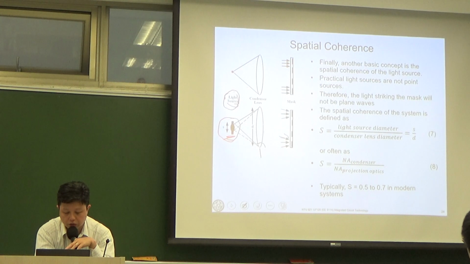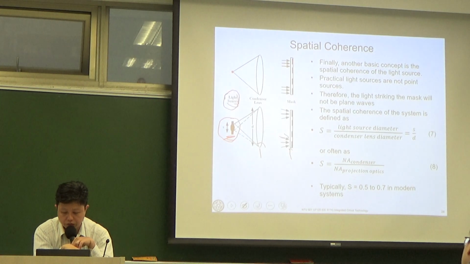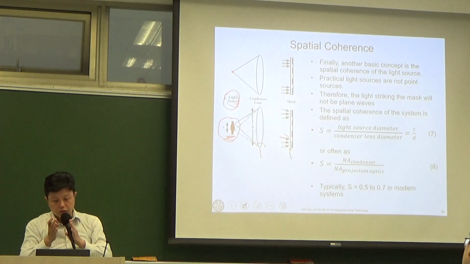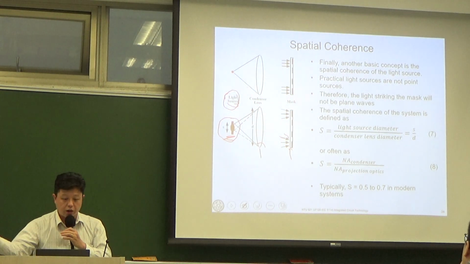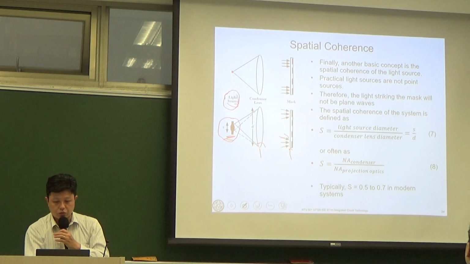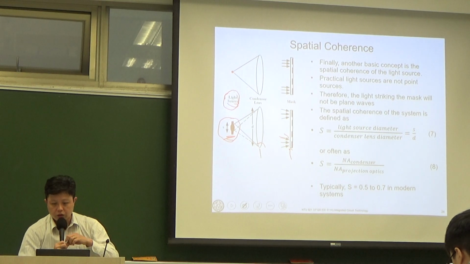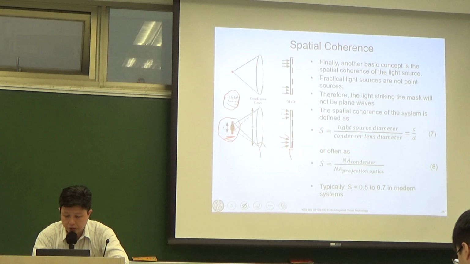It is incident on your mask at certain angles, because it comes from different parts of your light source. So they will not be plane waves anymore when they strike your mask.